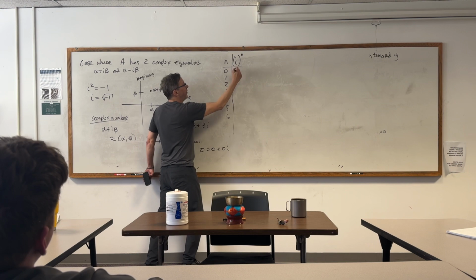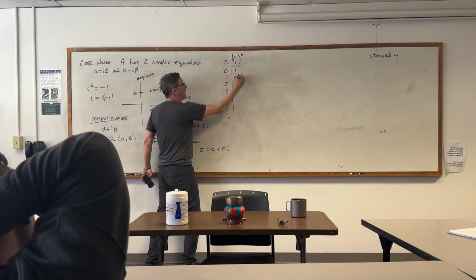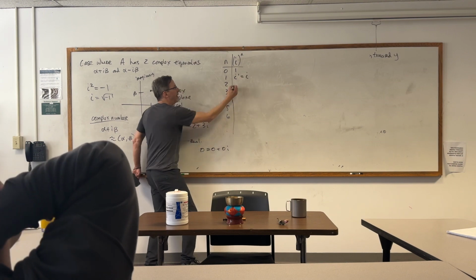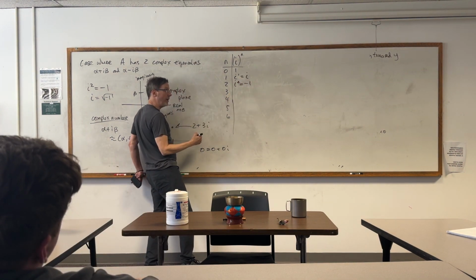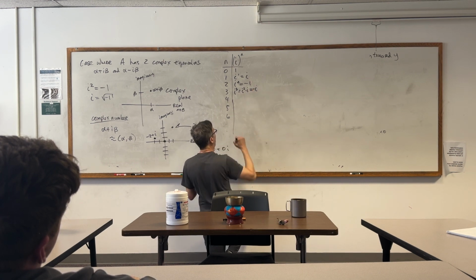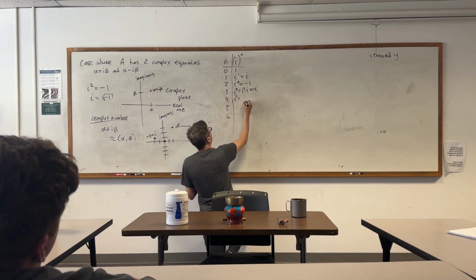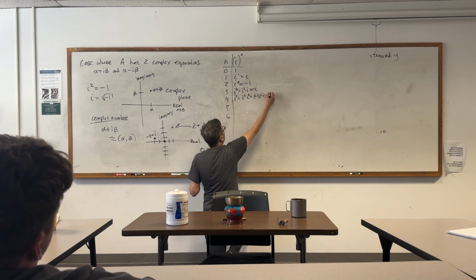Any number to the 0th power is 1. i to the 1st power is just i. i squared is by definition -1. i cubed is equal to i squared times i, so it's negative i. i to the 4th is i squared times i squared, so it's -1 times -1, it's +1.